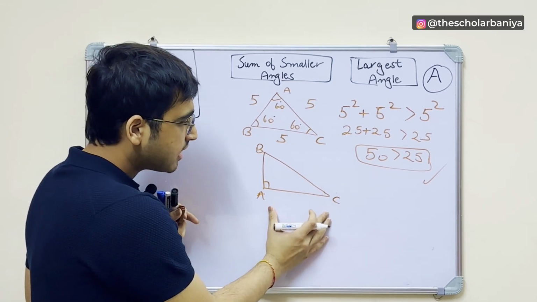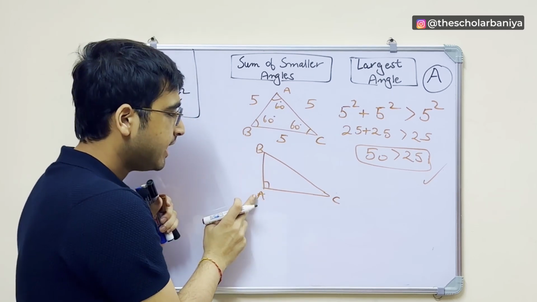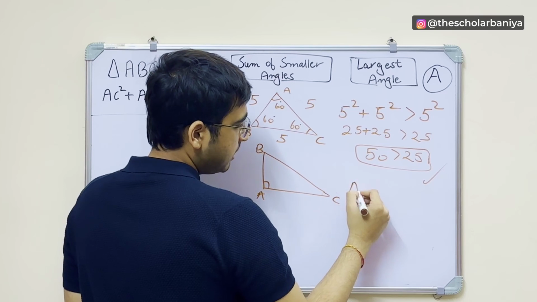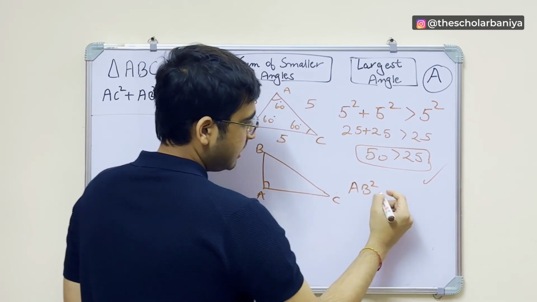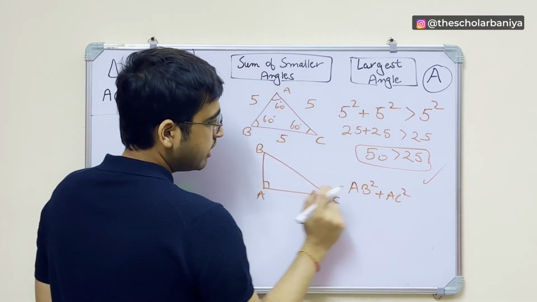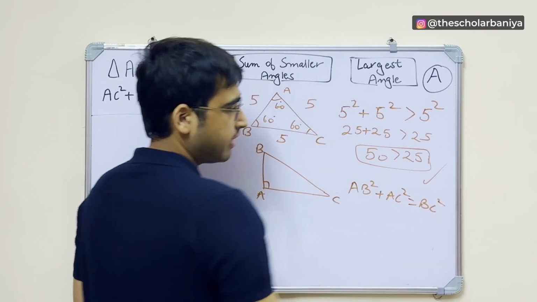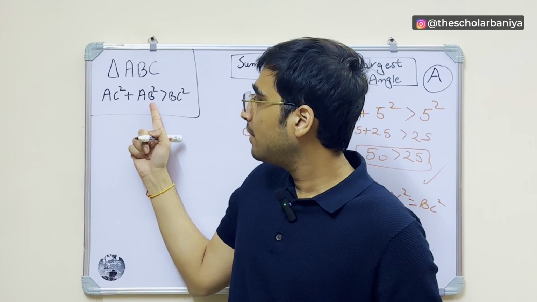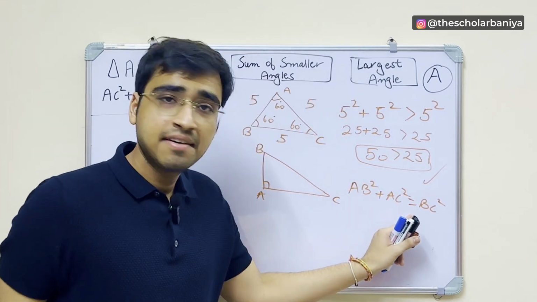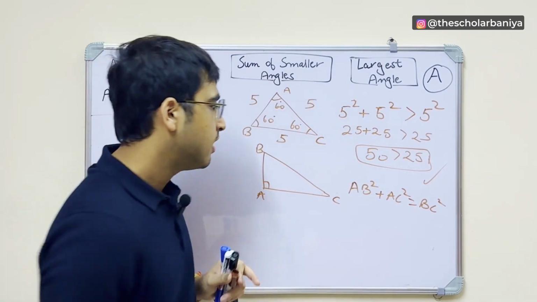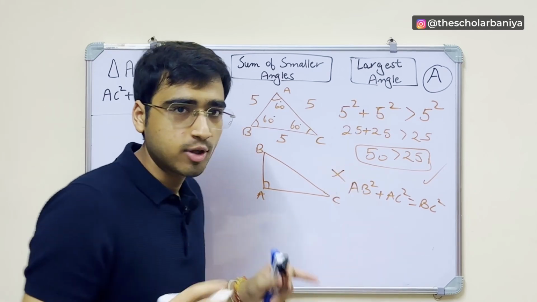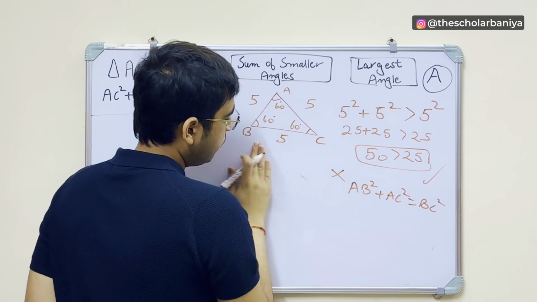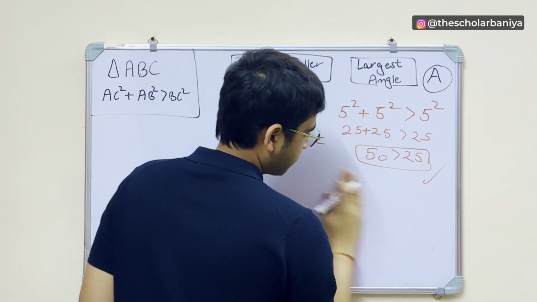Because if we take this case where the right angle is at A, then according to the right angle triangle, this should be AB square plus AC square equals BC square, right? This should be the case. But we are already given in the question that AC square plus AB square is greater than BC square, not equal to, right? So basically this case is not possible. This case is not valid in our point, so we cannot take this case.